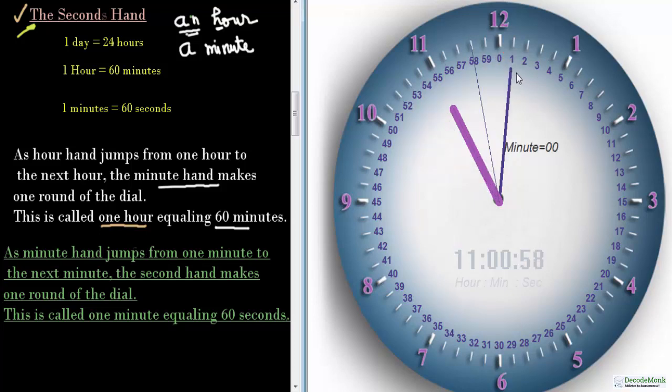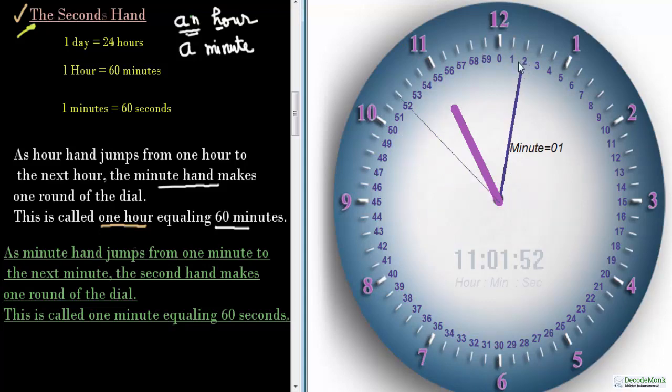When the minute hand goes from the second minute to the third minute, the second hand, which is running very fast, will make a full round of the dial, and this will represent 1 minute. And as the second hand goes from one number to the next number, this moment is called 1 second. So let's be ready.